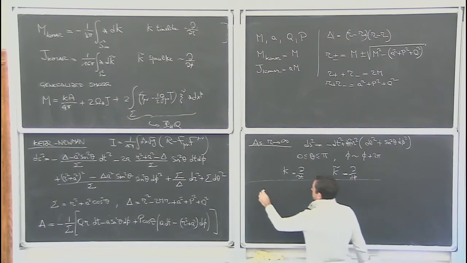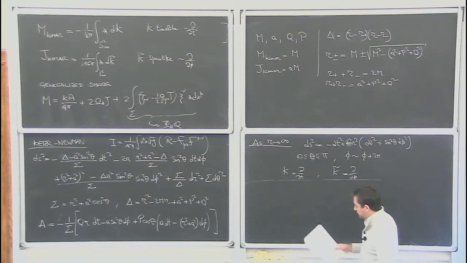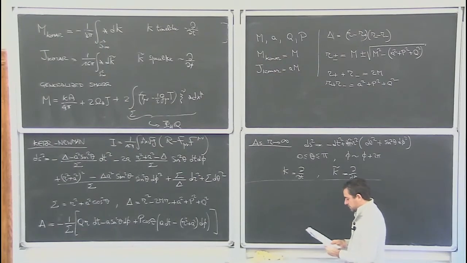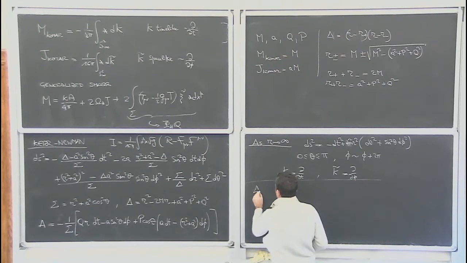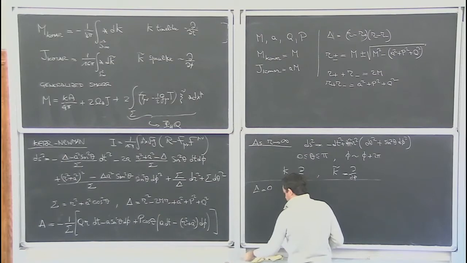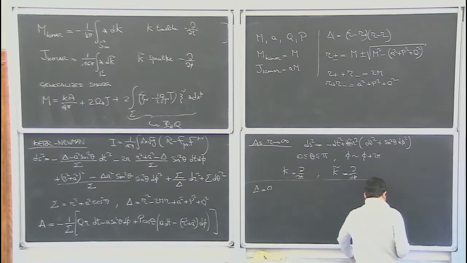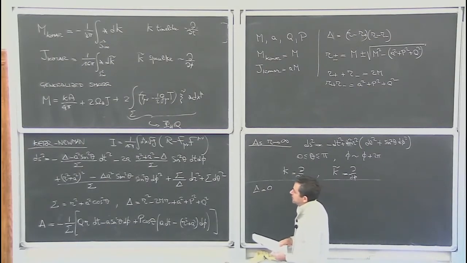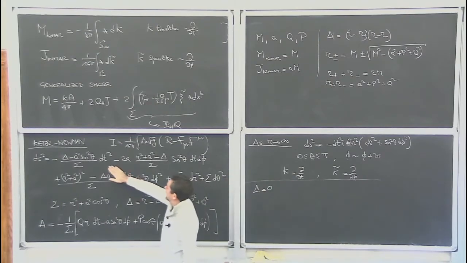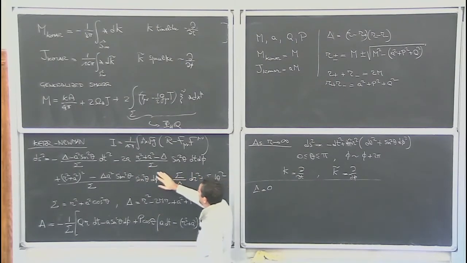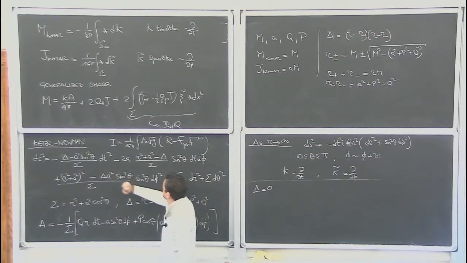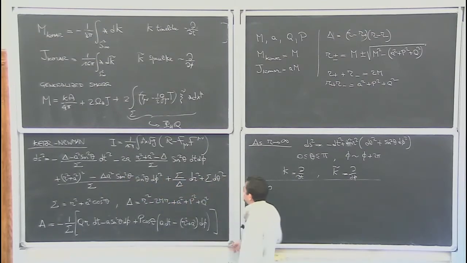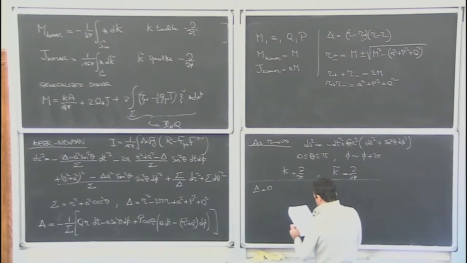So we move from infinity towards lower values of r. We identify this locus delta equals 0, which is special. In order to understand better what happens, let's just look at the part of the metric that contains the time and azimuthal differentials, so the dt and d phi squared terms.